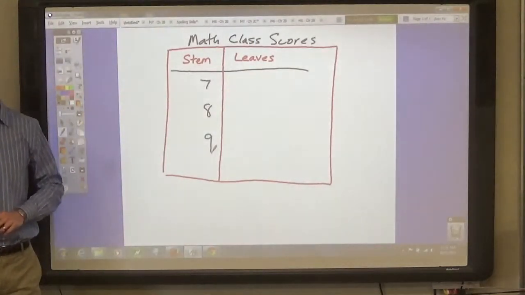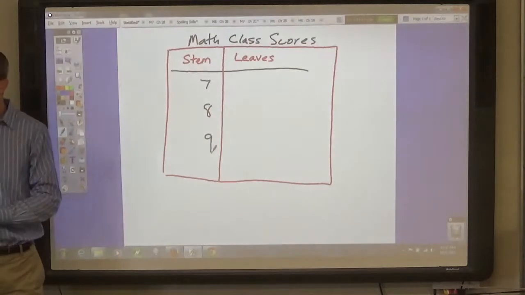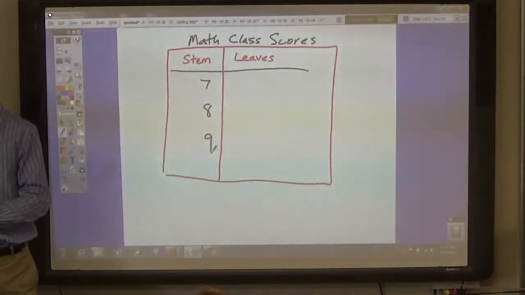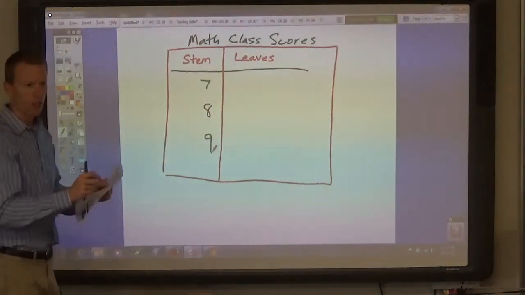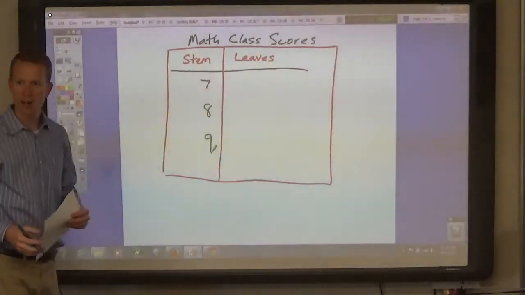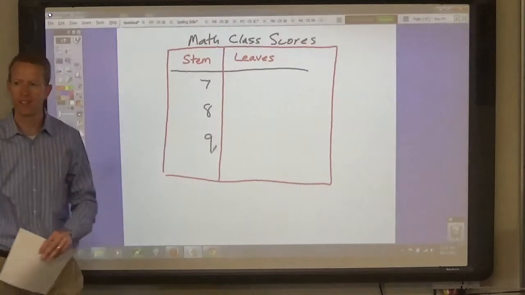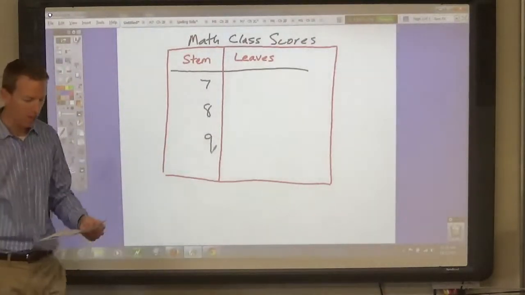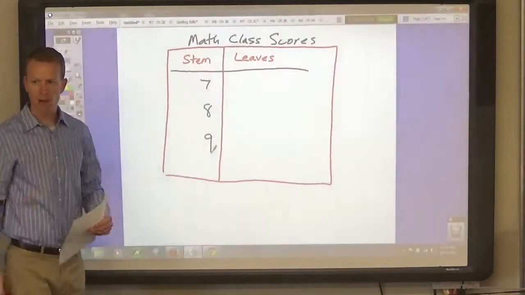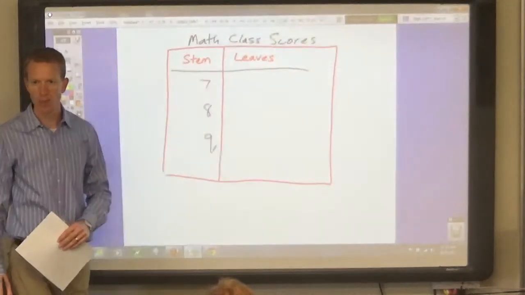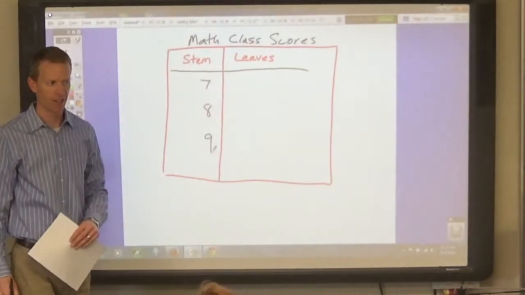Now, what we can do to organize this is go in order and write down the leaves for each of the stems. So, cross them out as you go. Could someone read the numbers for me?